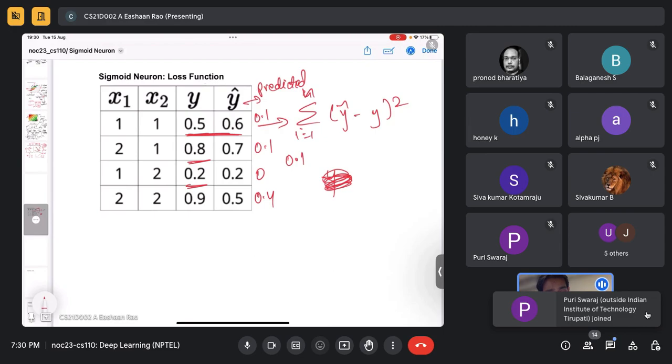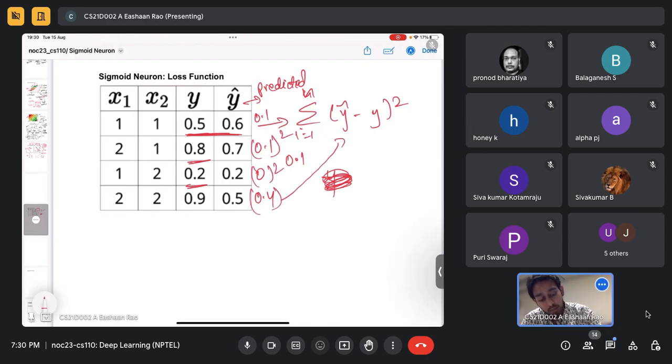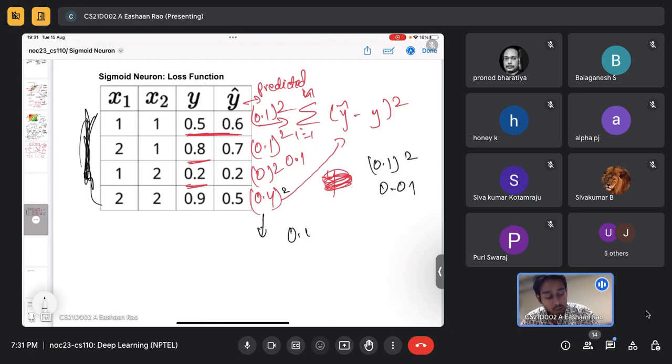Now if you want to relate this with respect to square, if you square them, the effect of these first three points will not be that much. But if you look at this one, the effect will be way more, because 0.1 squared is 0.01, but 0.4 squared gives me 0.16, which is way greater than 0.01.